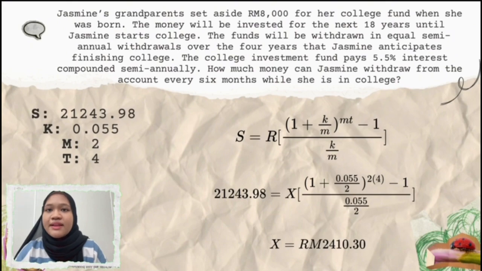So after calculating, 21243.98 equal to R open bracket 1 plus 0.055 over 2 bracket power 2 open bracket 4 close bracket minus 1 over 0.055 over 2 close bracket. We will get R equal to 2410.30 ringgit as the money that Jasmine can withdraw from the account every 6 months while she is in college.